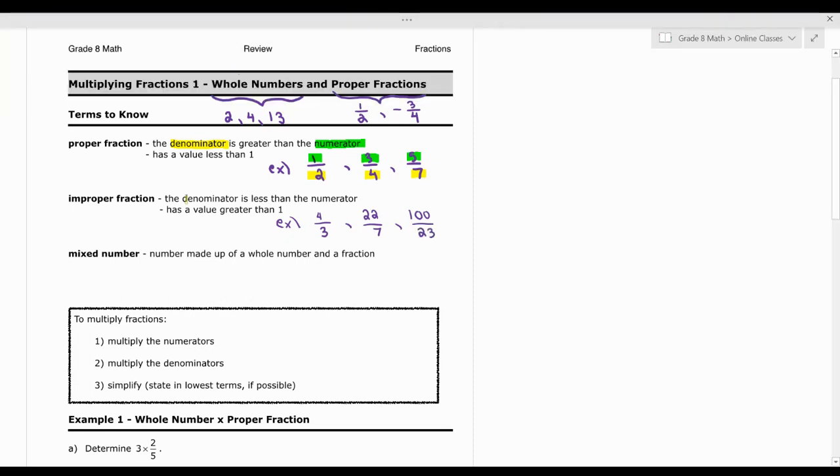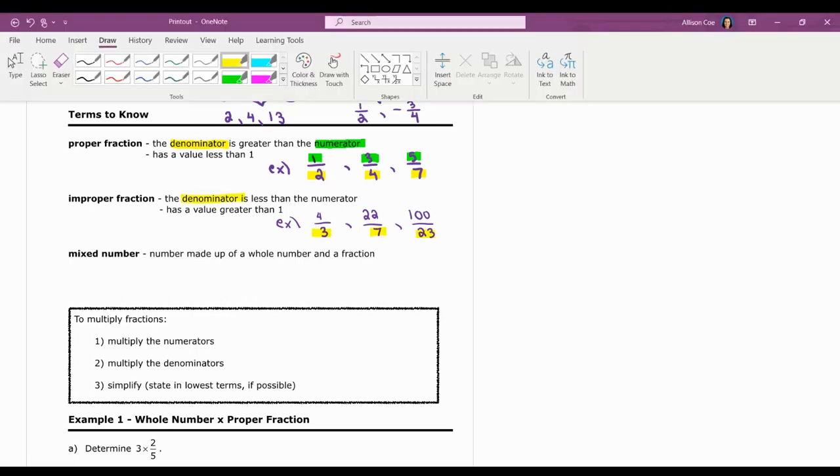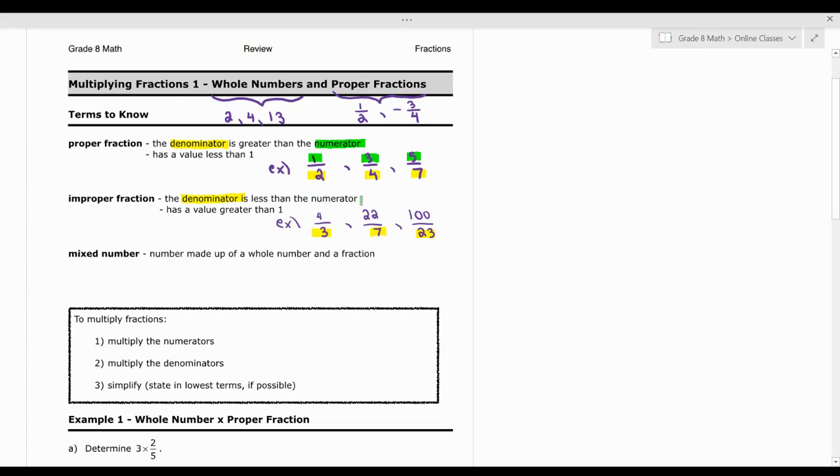And again, my denominator, that's always your bottom number, for an improper fraction is less than the top. So 3 is less than 4, 7 is less than 22, and 100 is less than 123. And if you were to change these into decimals, you would find that their values would be greater than 1.